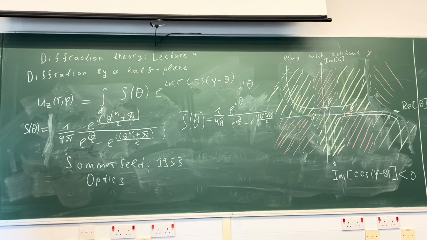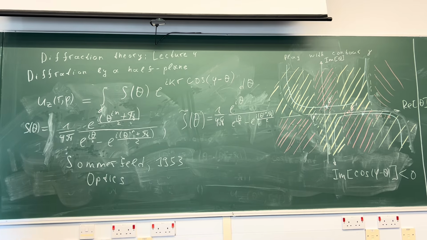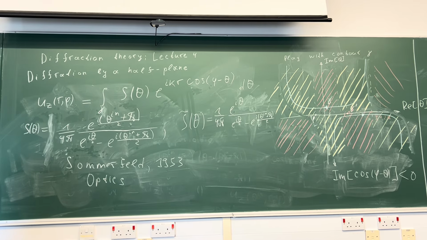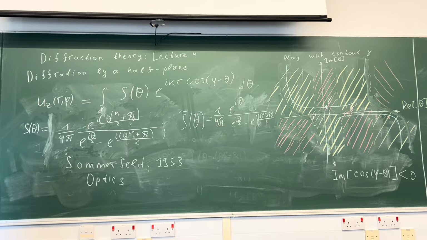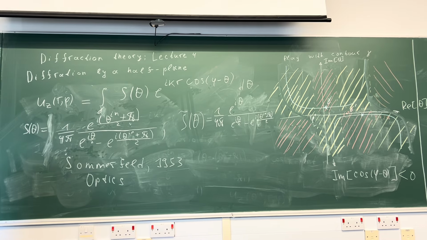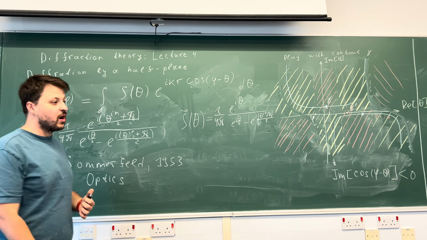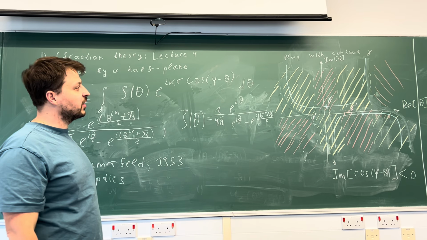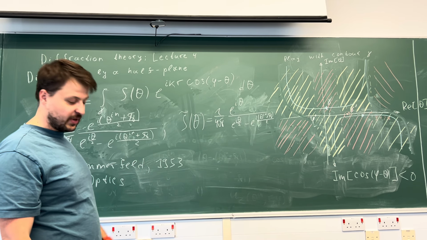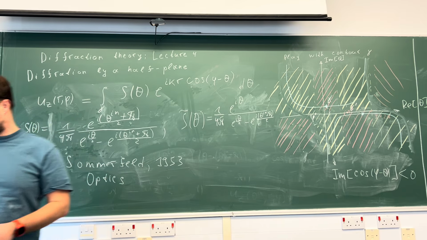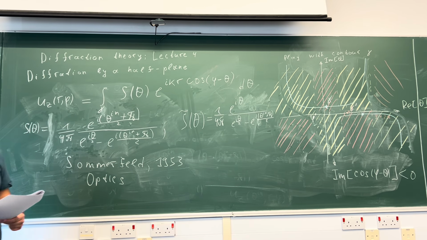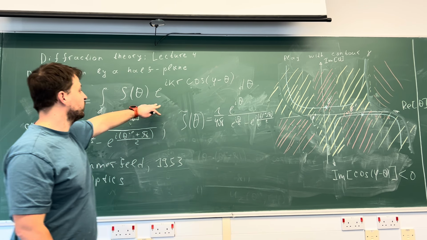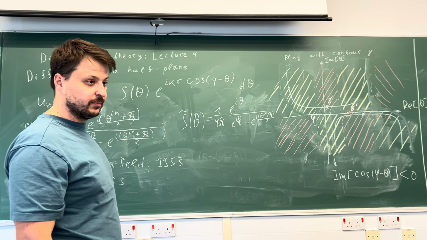So let's study its asymptotics as r tends to infinity. How should we do it? Do you have ideas? Because we did a similar thing for Green's function, maybe at this point you see how to do it here. How would you estimate this integral?